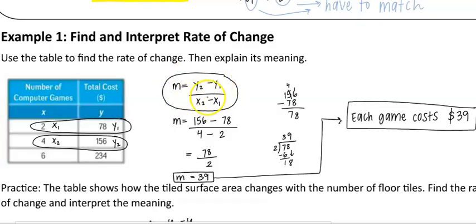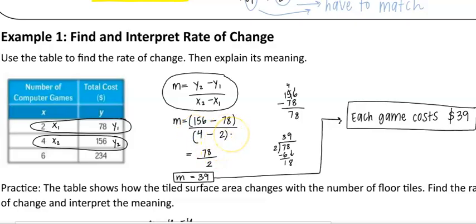So write down the formula to help you remember what it is, and then work down your paper. Wherever you see y2, you're going to replace it with 156, y1 you replace with 78, x2 you replace with 4, and x1 you replace with 2. Now remember, in a fraction, you technically have parentheses around the top and parentheses around the bottom.